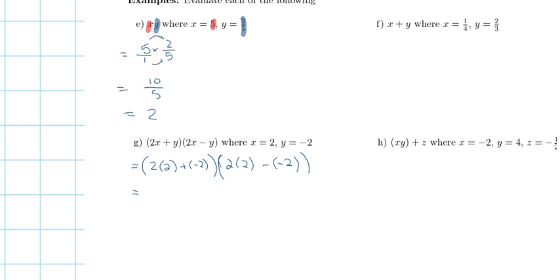A positive and a negative gives me a negative. And then I have 4 again. And a negative gives me a positive. Are we okay with this? Four minus 2 is 2. 4 plus 2 is 6. So that gives me a value of 12.